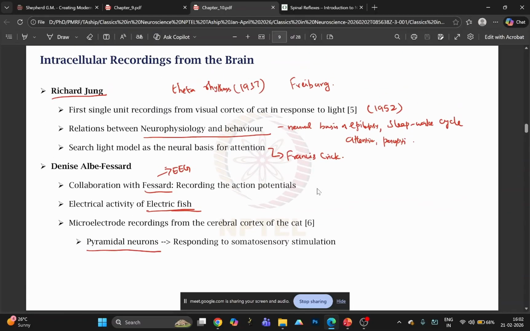Initially at that time, people generally started training in medicine or maybe in some other fields, and then they transitioned to studying neurophysiology and neuroscience and so on. It was not direct.